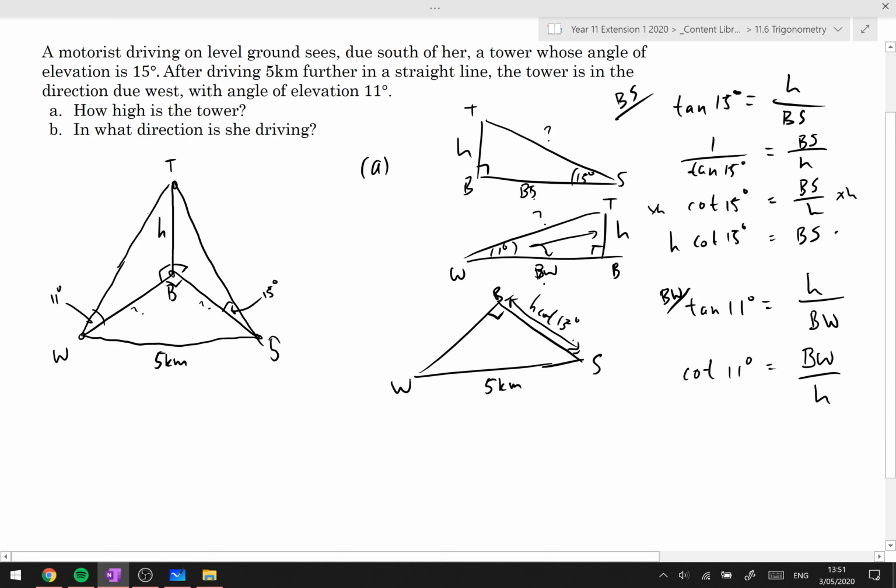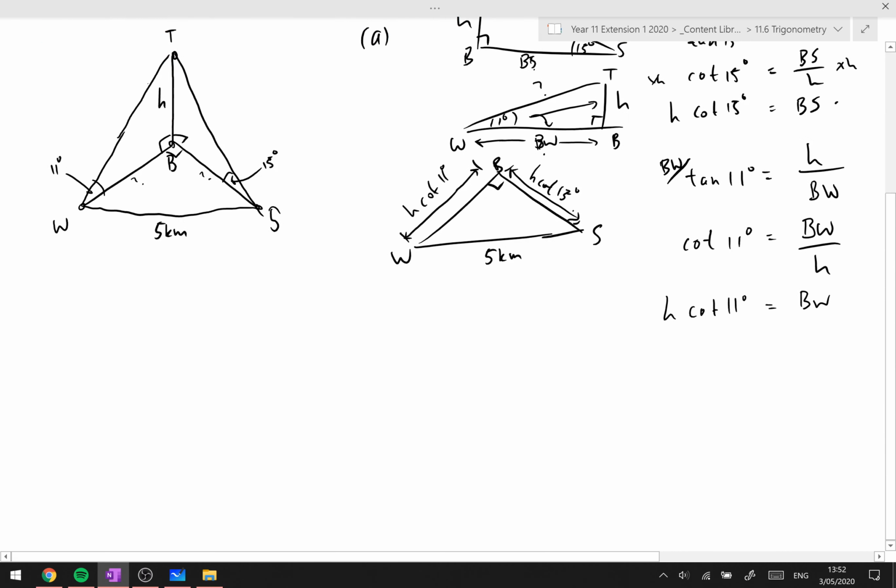To get the BW by itself, I'm going to multiply both sides by h, and that gives me h cot 11 degrees is equal to BW. So this length from here to here is equal to h cot 11 degrees.